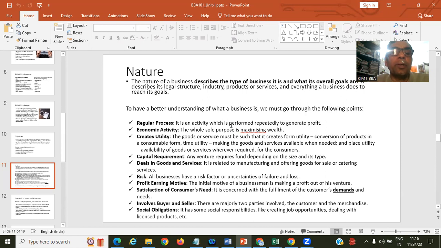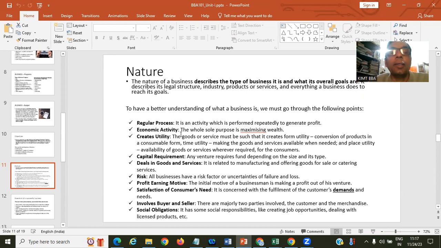So if you are doing it once or twice for a particular thing and making money out of it, that is not a business. So business should be regular. It is an activity which is performed repeatedly to generate profit. It has to be performed repeatedly.